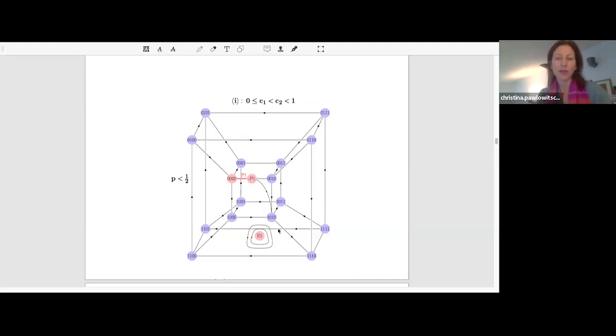When there is no signal, nobody ever accepts. But when there is the signal, there is acceptance with some probability, meaning some individuals of the player 2 population, when they observe the signal, will accept. And the point you see in this light red color is the equilibrium point.